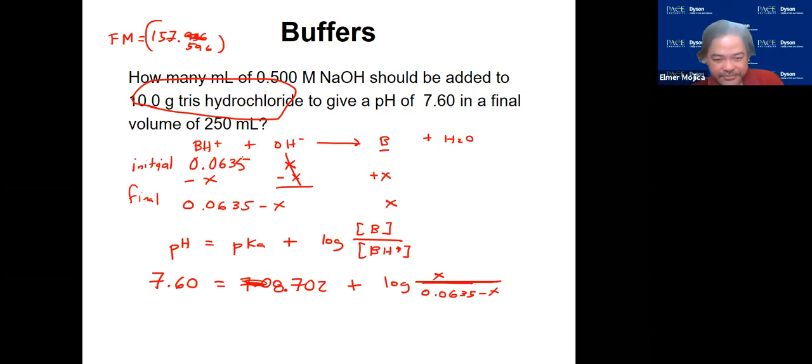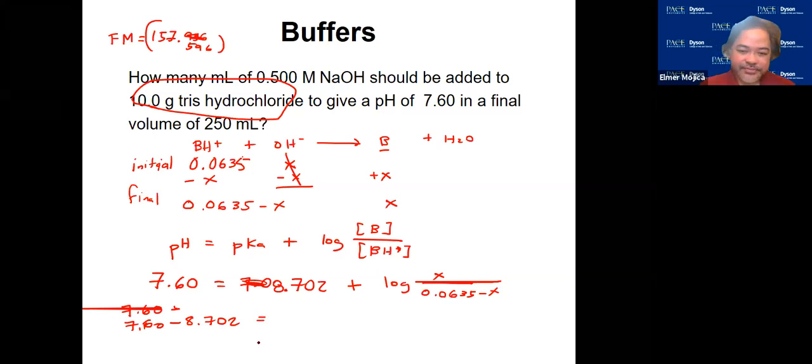Okay. So the next thing that we're going to do, 7.60 minus 8.702, right? And on the other side, this one. Maybe I can just make a shortcut here.